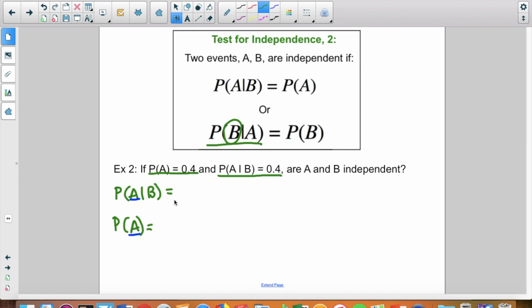So the probability of A given B was 0.4. The probability of A was 0.4. Now, if we compare these two, 0.4 is clearly equal to 0.4. So therefore, A and B are independent.